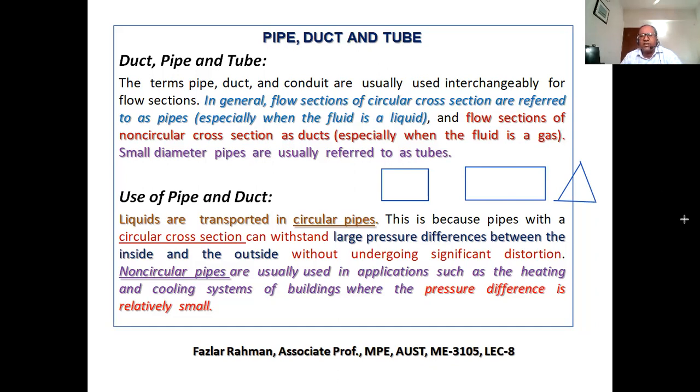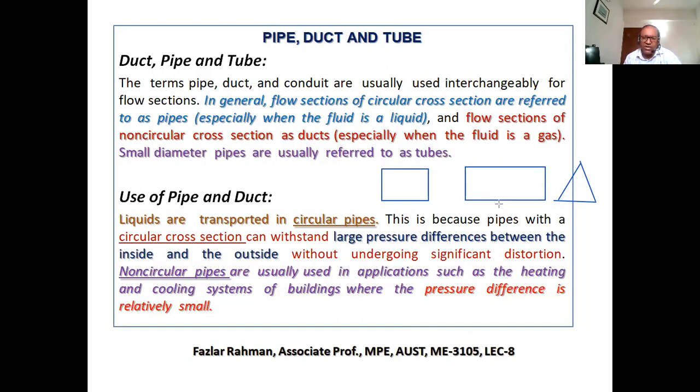For example, in the air conditioning unit, what happens? In the duct, through the opening at the bottom of the duct, there are some holes. Through the holes, air is coming out into the room from the rooftop or from the side, right? That is how the air conditioning unit works.